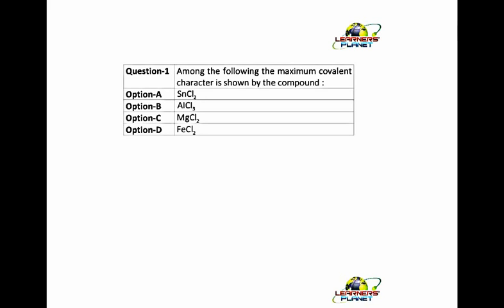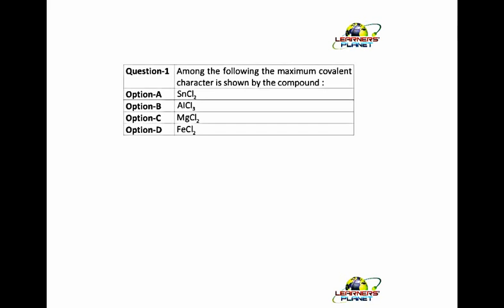What was Fajan's rule? Fajan's rule states that the smaller the size of the cation, the more it causes distortion in the anion. The cation causes distortion in the anion and tries to pull the outer electrons towards itself, thus changing an ionic bond into a covalent bond.